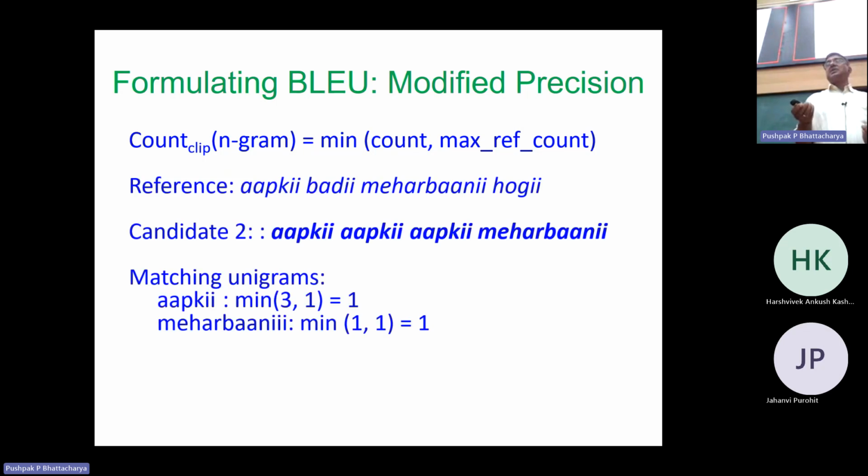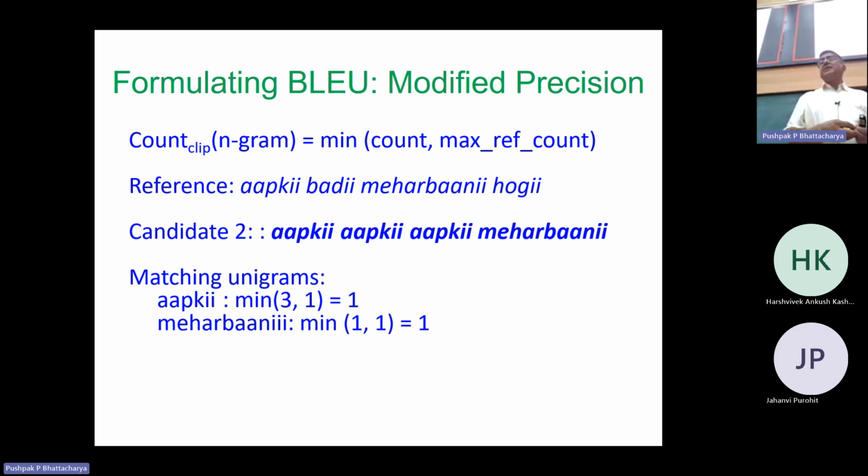So we do what is called modified precision. For modified precision we obtain the clipped count with respect to the n-gram. That formula is the minimum of count and the max reference count. So if we take the reference translation, आपकी बड़ी मेहरबानी होगी, and candidate 2 is आपकी आपकी आपकी मेहरबानी, then you take the first word, आपकी.